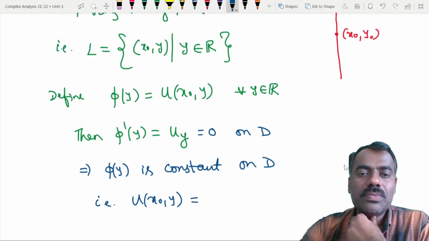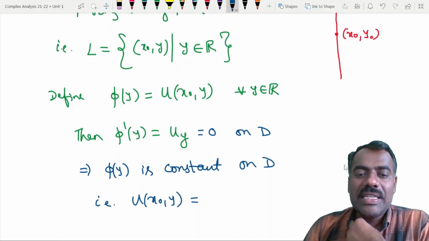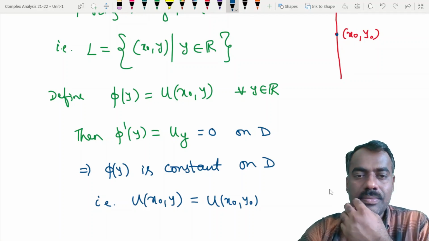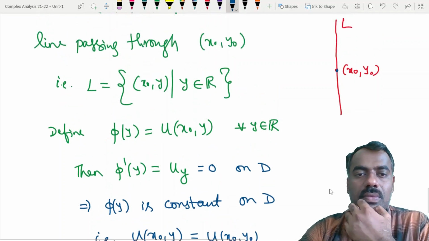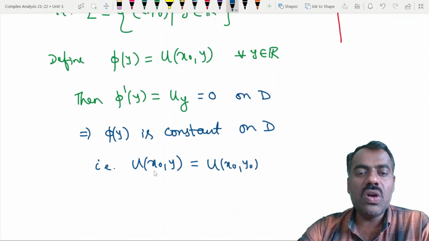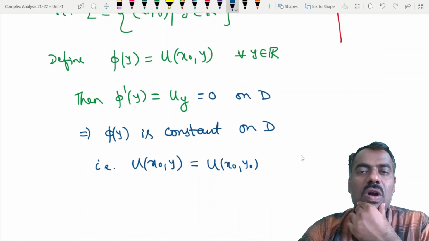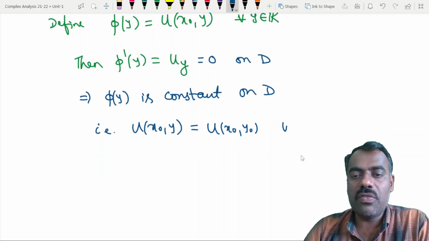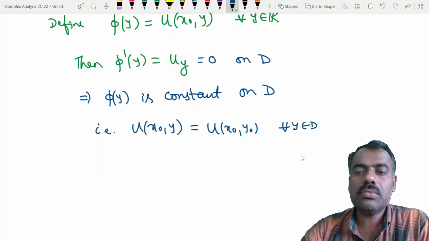In particular, that value is equal to u evaluated at x naught comma y naught also, because this point is already on that line. So we get u of x naught comma y is the same as u of x naught comma y naught. This is true for all y in that D. Clear?